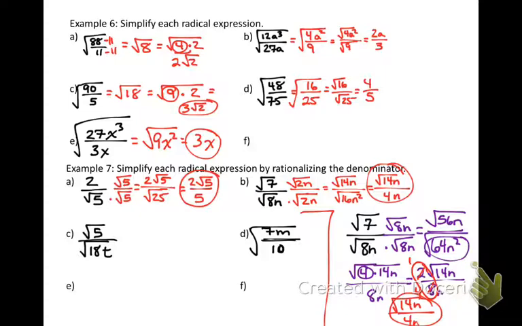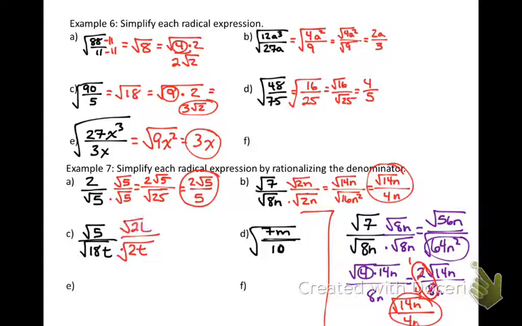So if I look at C, I can multiply 18 to get close to the closest perfect square, which is 36. So I'm going to multiply that by, I believe, 2. 18 times 2 is 36, yep. So I need 2t, because t is not a perfect square yet.